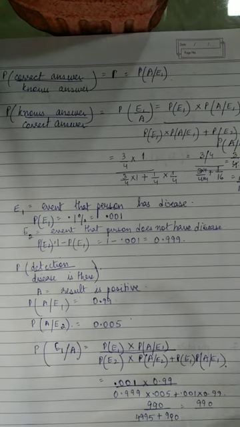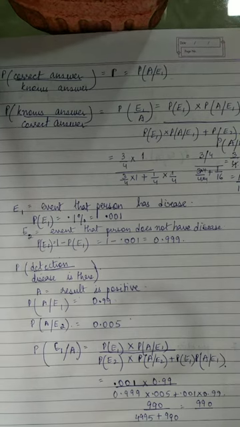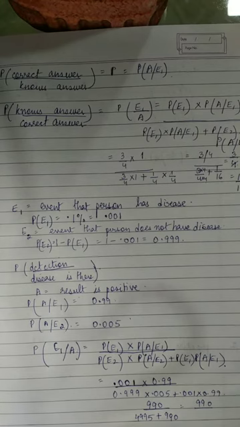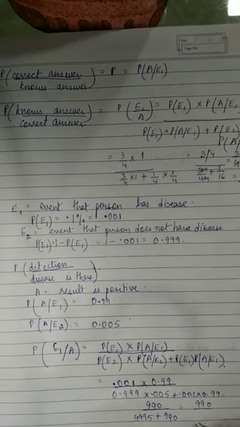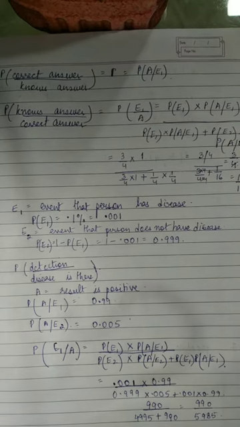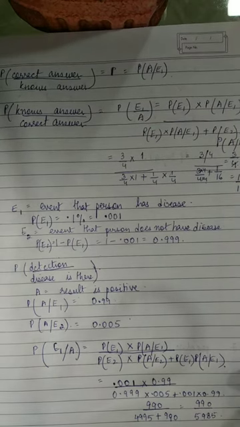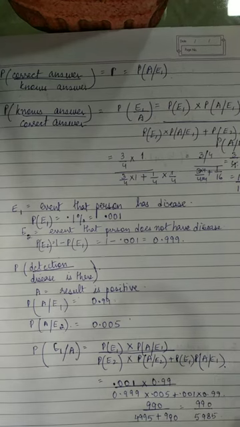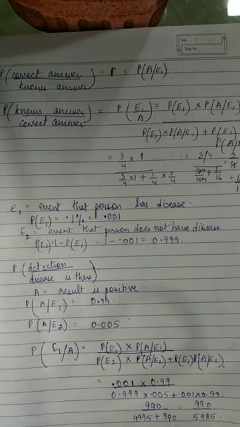This is 990 and 4995 plus 990 gives us 5985. So this can be further reduced and the answer can be found out. I hope that's clear. Right?